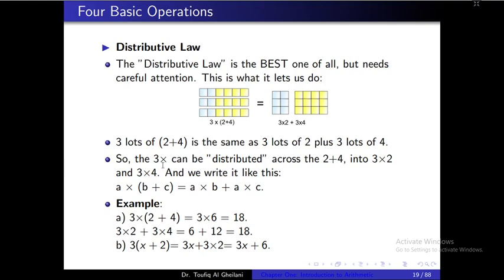So the 3 times can be distributed across the 2 and 4. So 3 times 2 plus 3 times 4.